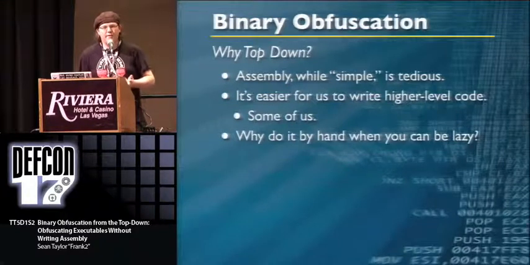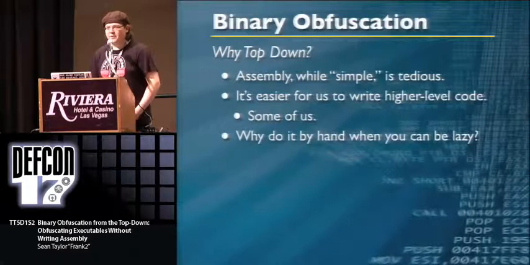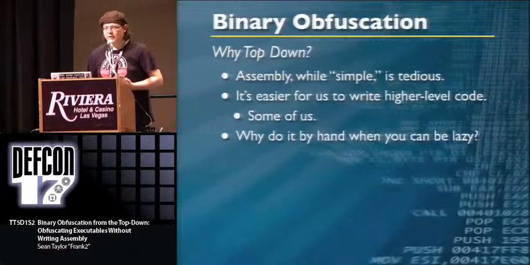I mean, there are a whole lot of really awesome 64K programs out there, but it takes a lot of time. It's also a lot easier for some of us to write higher level code. It's more coherent for us to think of it from the top down rather than from the bottom up. It's just a more natural way of thinking about things. And why do it by hand when you can be lazy? If you can do this the simple way, that's usually the greatest way.